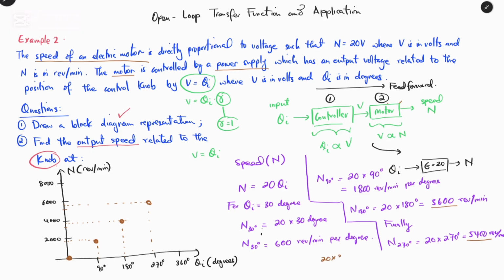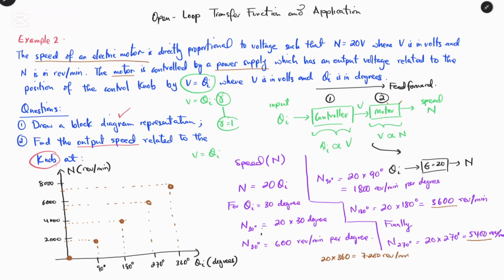So 20 times 360 should give us 7200 revolution per minute. So we have 6000, 7000 and 200 should be somewhere here. Now this should be our 360.